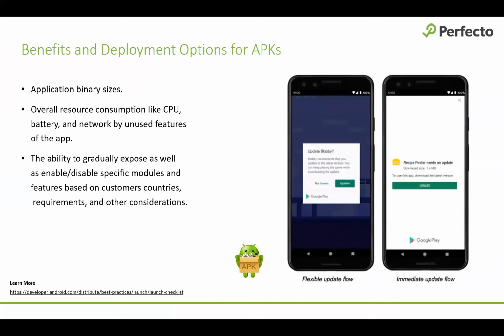So if there is a crash, or if there is a very important hotfix that needs to be pushed to production, APKs will allow you, as you can see on the screen with these two images, to either flexibly update the application or push a mandatory immediate fix to the device itself. So this is a new thing that is coming from Google to the Android landscape, and it is mandatory to support.